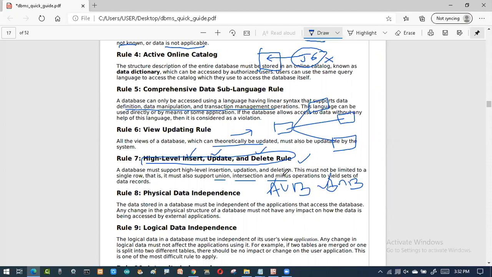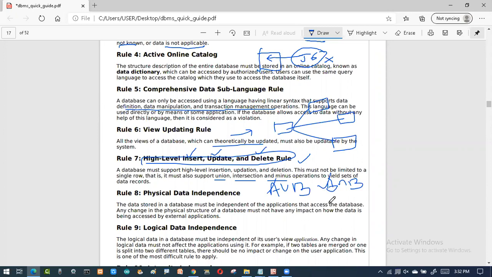Now when I'm saying minus, where A has some values and B has some values, whatever matches in A and B, remove those, and the rest of the data of A should be displayed, or the rest of the data of B should be displayed.